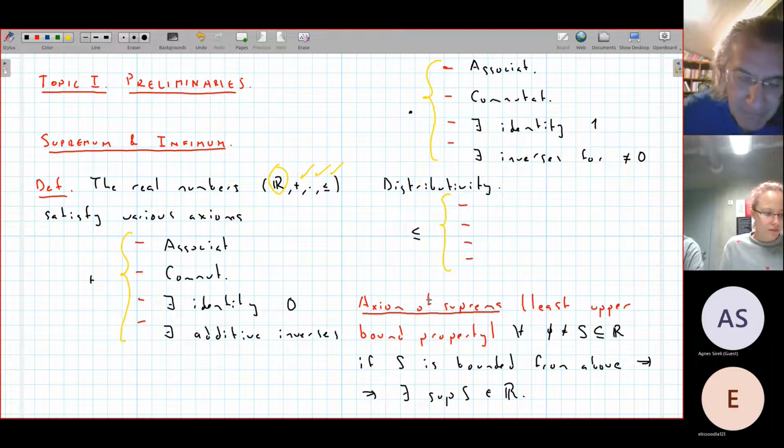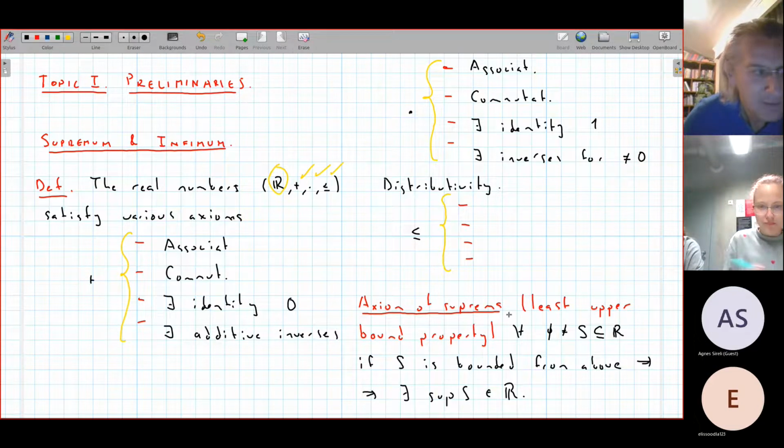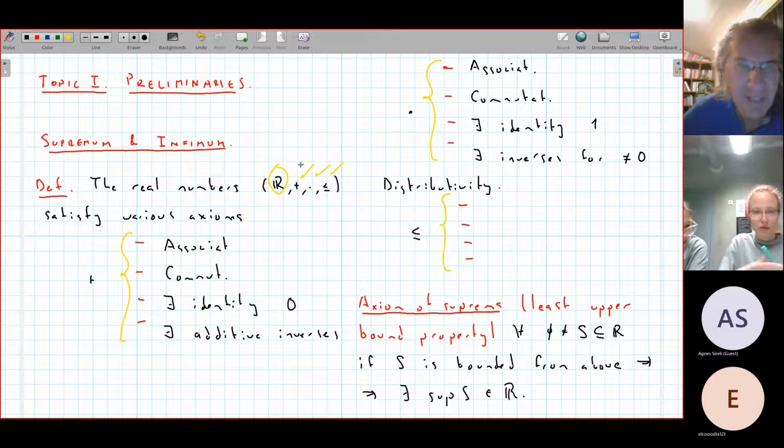Now my question to you is, you covered this axiom, right? You remember this axiom? Yes. Okay, great. So it's important. I'm going to say more on the next page. Can I change the page?